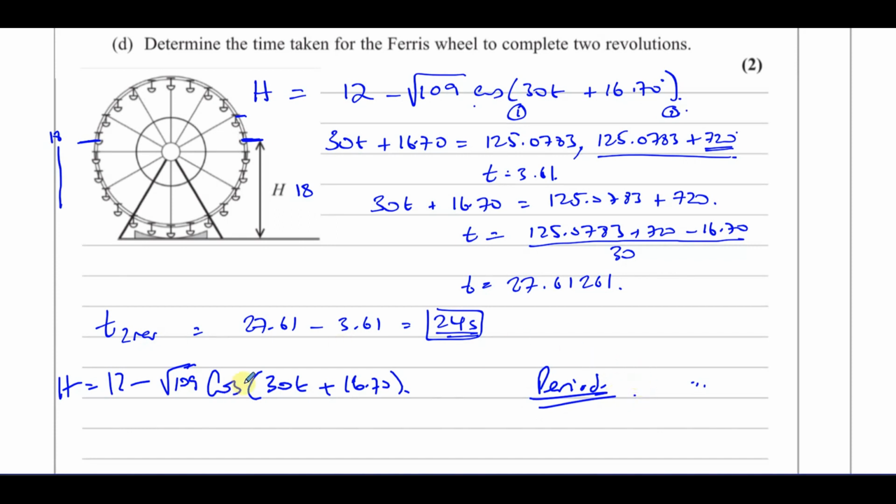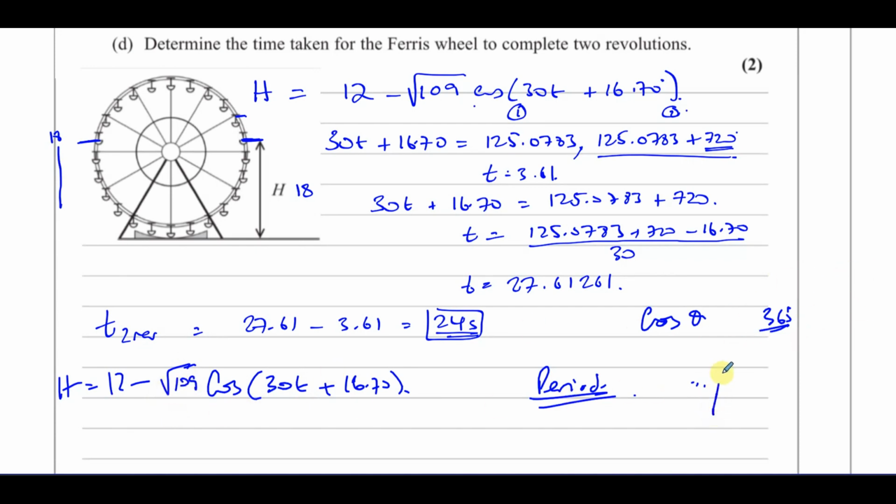Okay, so we can see that the period of this function is the cosine curve. In general, the cosine of an angle, its period is every 360 degrees, right? And the root 109 doesn't change that. It still repeats every 360 degrees.